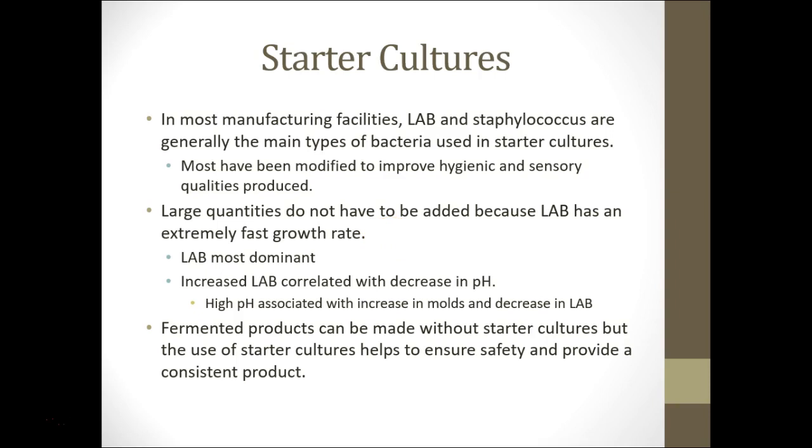An increase in lactic acid bacteria is generally correlated with a decrease in pH, which is what we want, as long as the pH doesn't get too low. We want to keep a low pH because a higher pH is typically associated with an increase of molds.